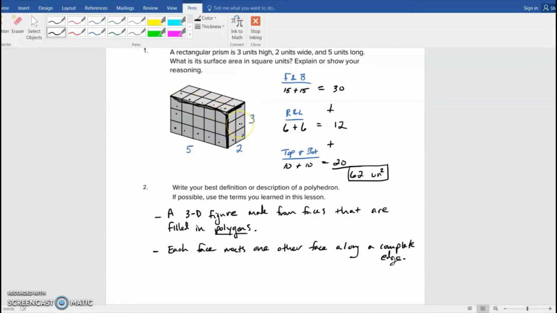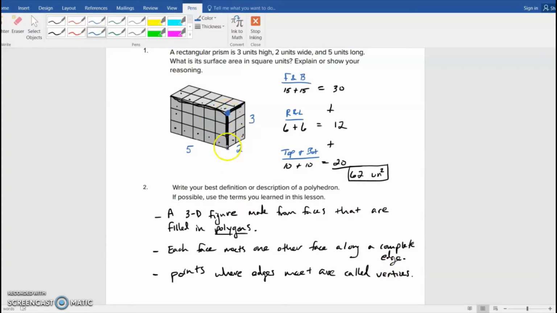And then lastly, points where edges meet are called vertices. So for example, if we're looking back at this example, here our edges meet.